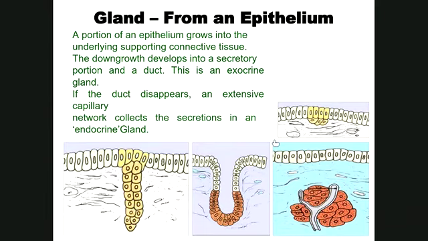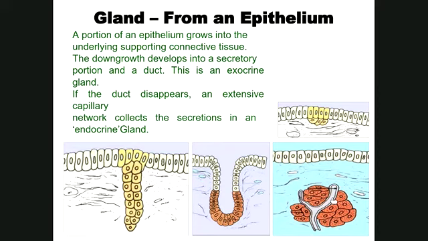If these cells keep their connection with the epithelium here, they can do their secretion out of our body. We call them exocrine. If they lose their connection, they can release their secretion into the bloodstream, so we call them endocrine.